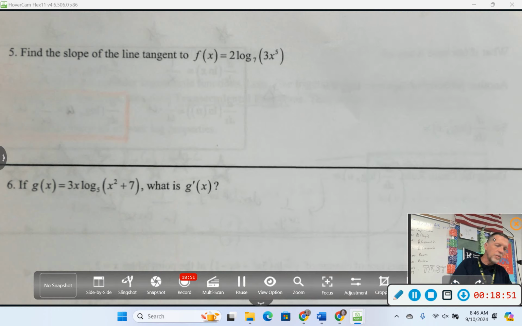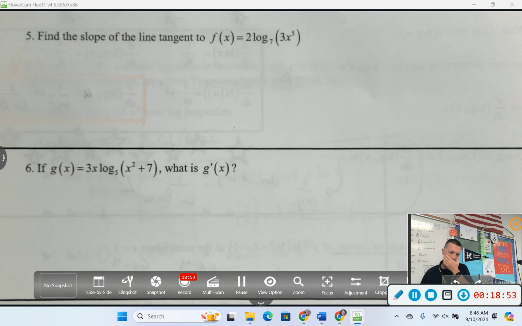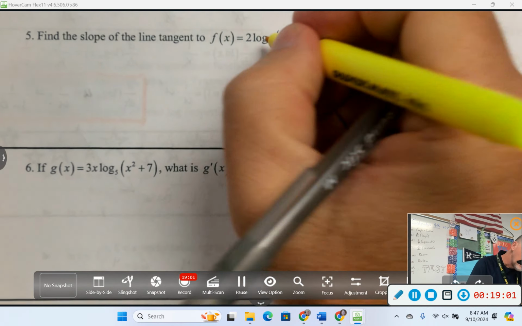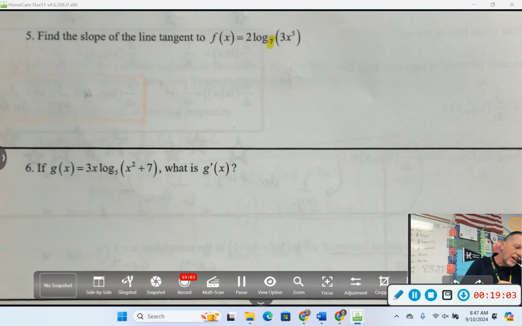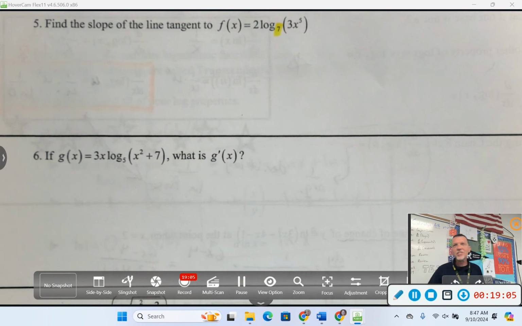Uh-oh, what makes number 5 different than the ones we've been doing? It's not natural log. The base is 7, so I already know there's going to be a natural log of 7 in the denominator of my answer somewhere.